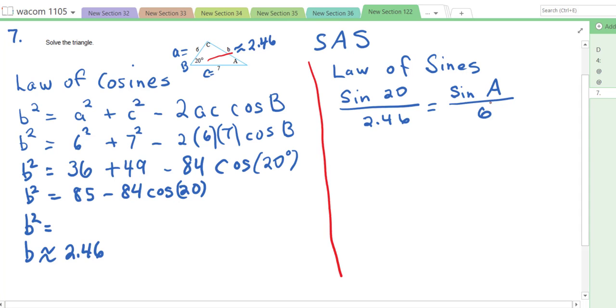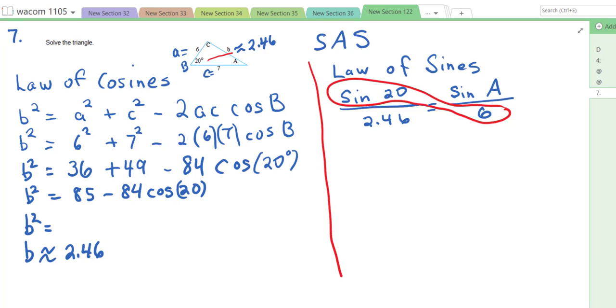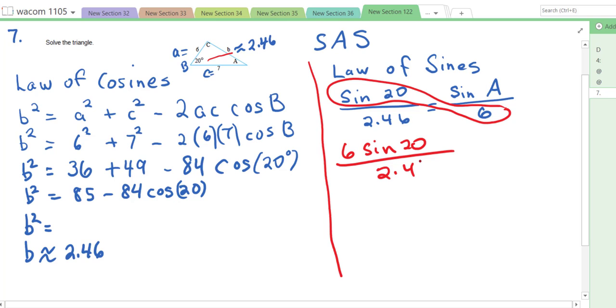So we're going to have 6 times the sine of 20 divided by 2.46 equal the sine of A. We're going to have to do inverse sine here. So 6 sine of 20.